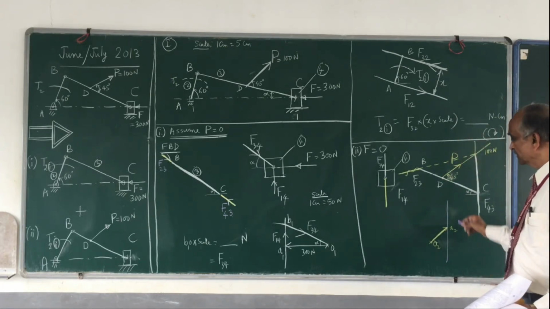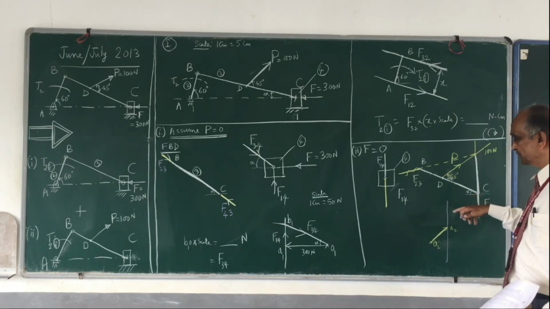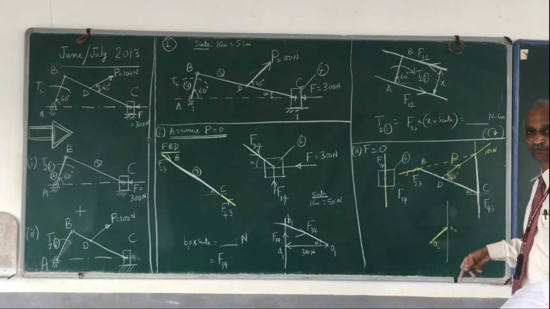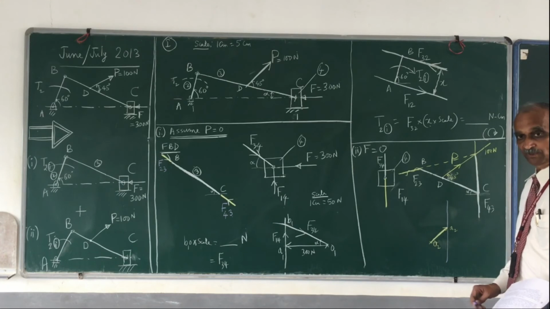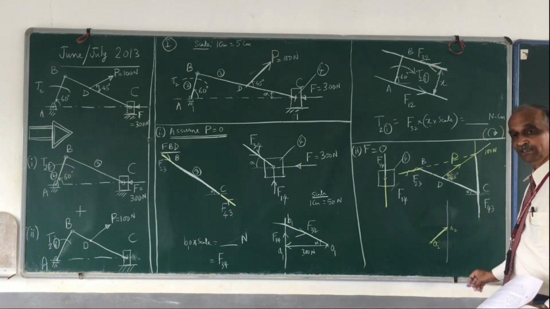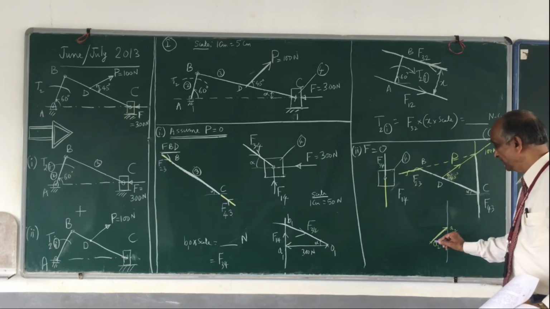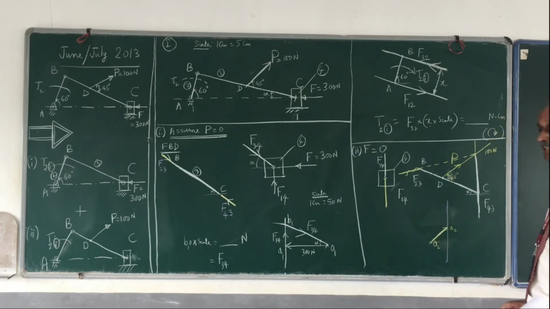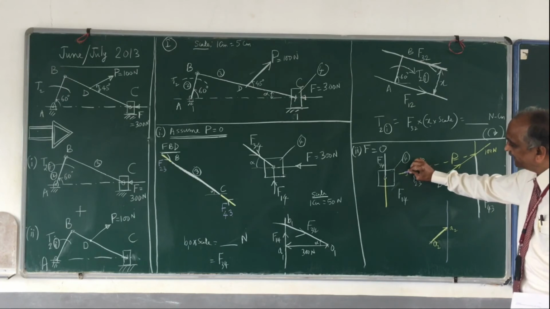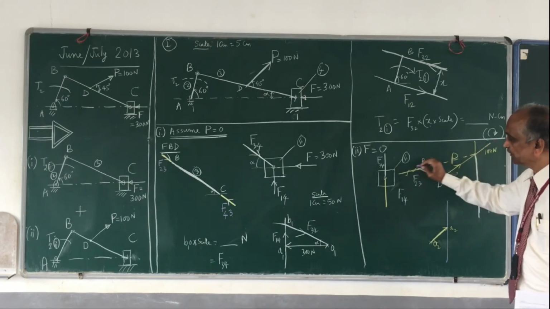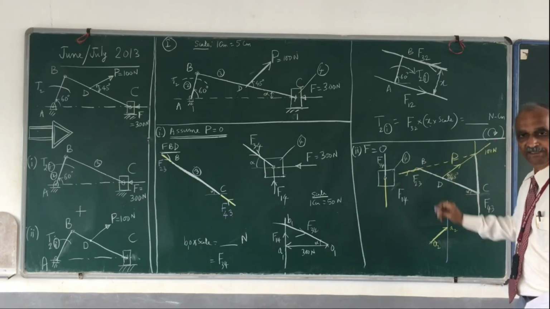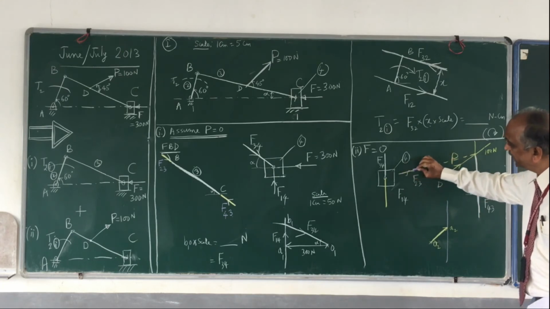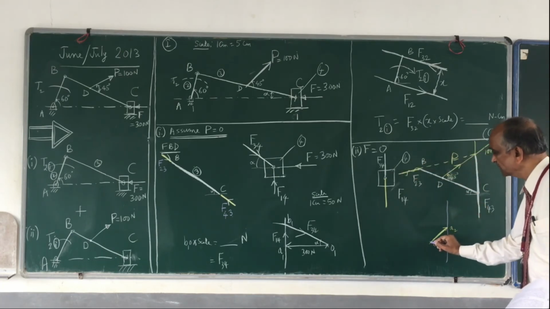Now the third force: at the tip of the second force, you draw the third force. I don't know this tip. But I know that the resultant must be 0 and therefore at this point the third force must end. And this is the line of action of the third force. Probably you can measure the angle here and draw a line parallel to this at this point.